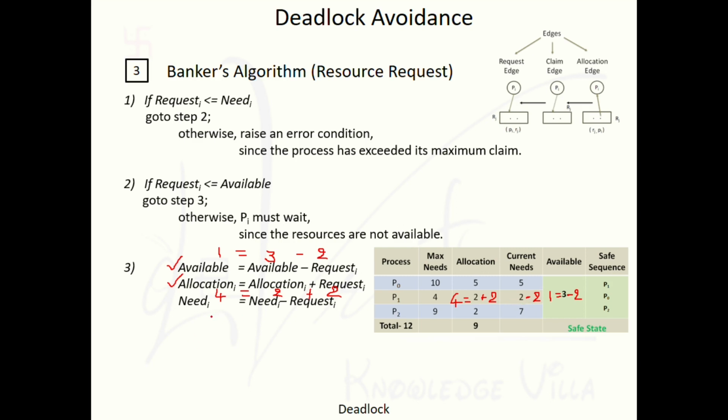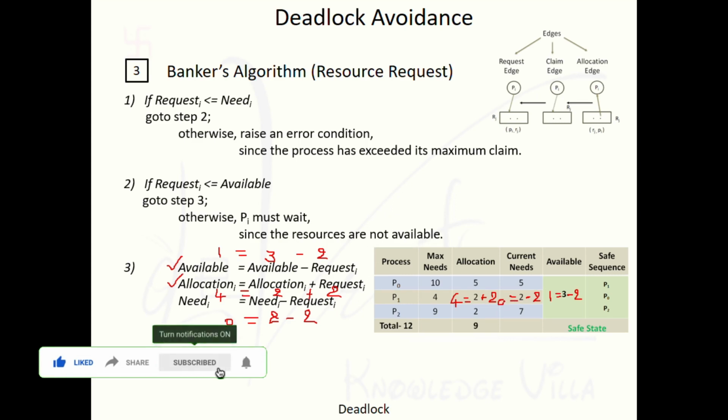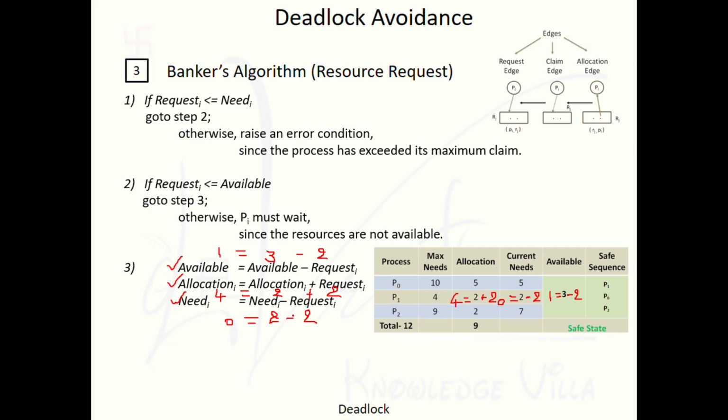So the new need becomes 0. Now there are no more resources required by process P1. After this allocation, P1 will execute completely. That's why we say there is a safe state.